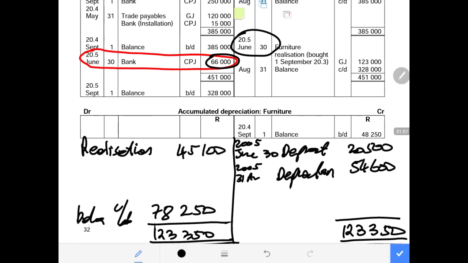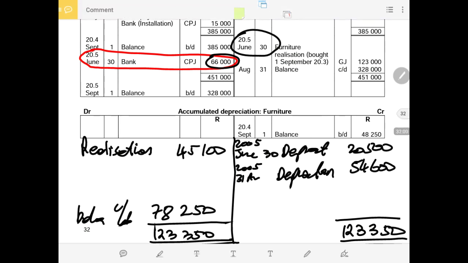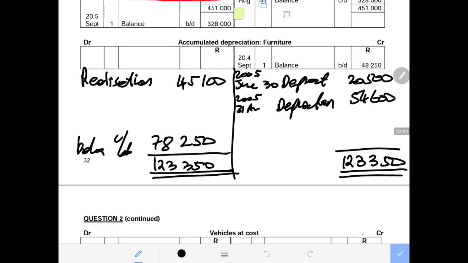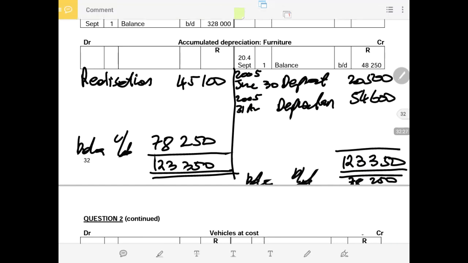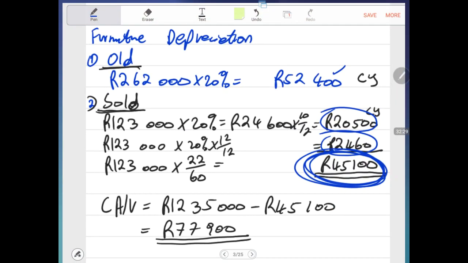Now this is the closing balance of the furniture, 78,250. This is the balance brought down. Under the accumulated depreciation, this is the opening balance, this is depreciation during the year, and this is the closing balance. All this must be exactly the same when we do the property, plant and equipment note. Please be mindful of that. It's very crucial to note it.